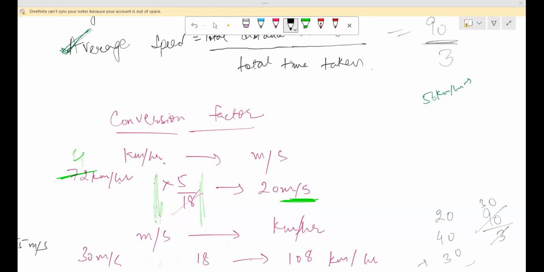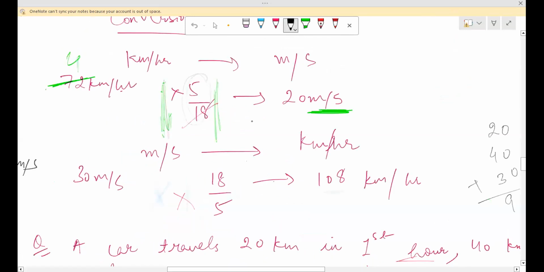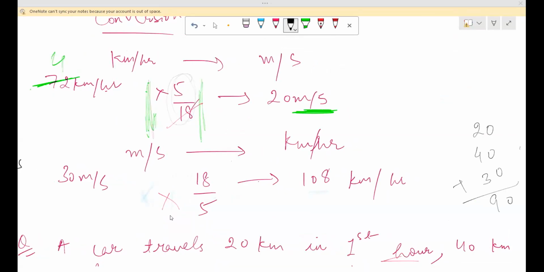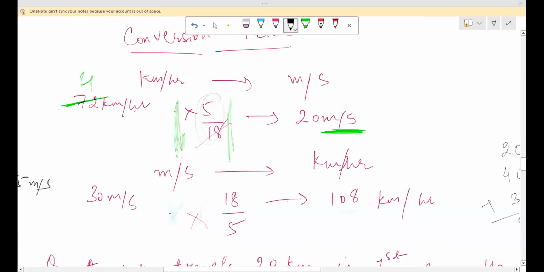And if it is the opposite, from meter per second to kilometer per hour. Okay? Okay, ma'am. याद रहेगा ये conversion? From kilometer per hour to meter per second, 5/18. Meter per second to kilometer per hour, 18/5. Okay? Okay, ma'am.